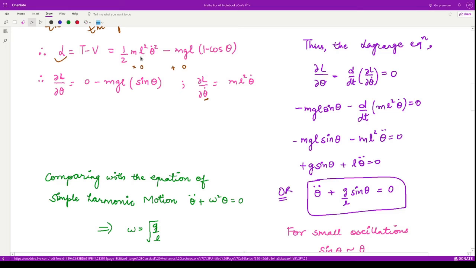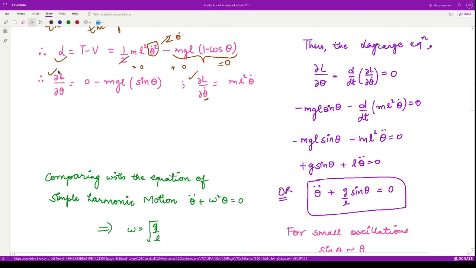Therefore, the first term would be half mL squared, these being constant, then the derivative of theta dot squared would be 2 theta dot. So this 2 and 2 cancel. Therefore, we have mL squared theta dot. And the other term, as it does not contain theta dot, is equivalent to 0.